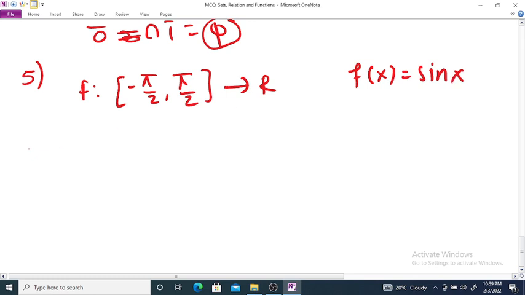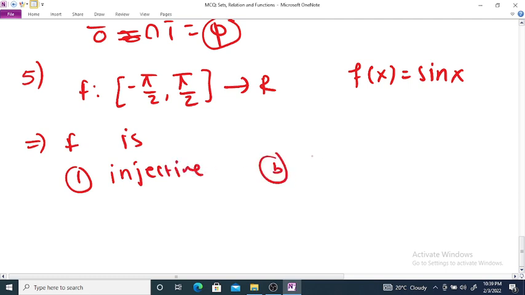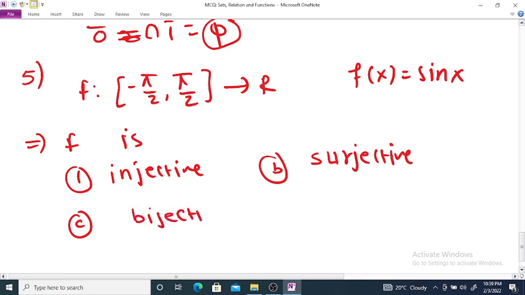Then f is: number A, injective; number B, surjective; number C, bijective; and number D, none.